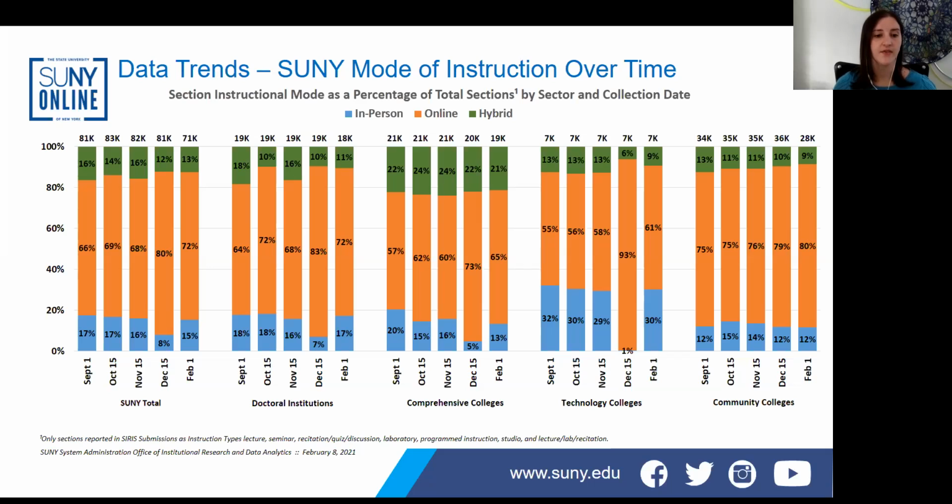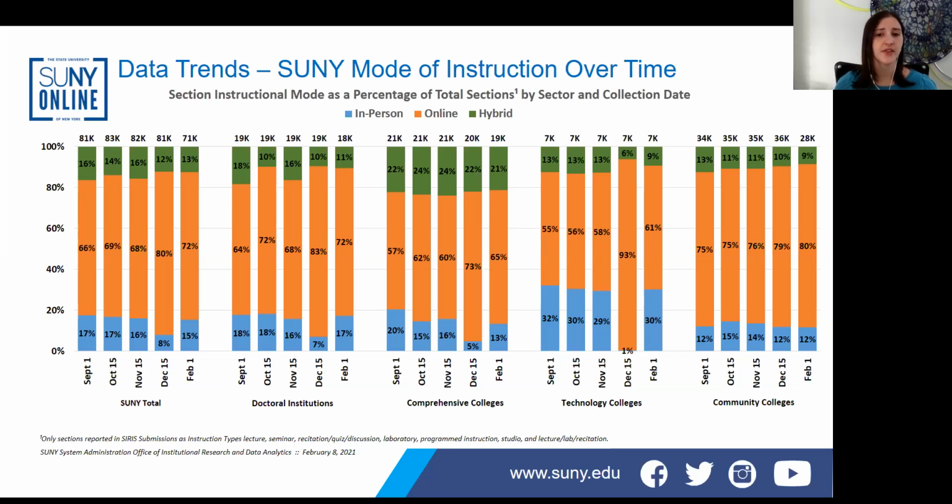So you'll see that there's September 1, October 15, November 15, December 15. And then actually on this slide is February 1st, which would be the beginning of the spring semester. So you can see if there are any differences there. And then this is broken out by the total all the way to the left, and then different sectors in the other bar charts.